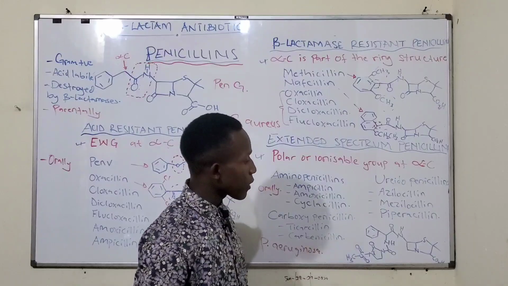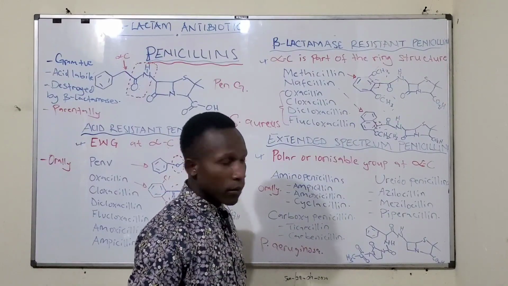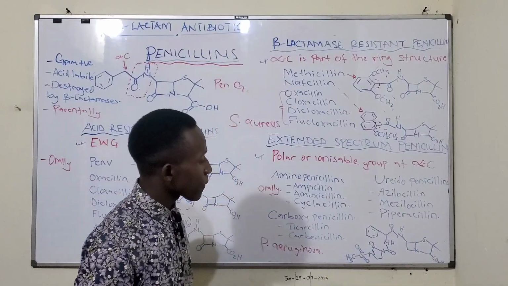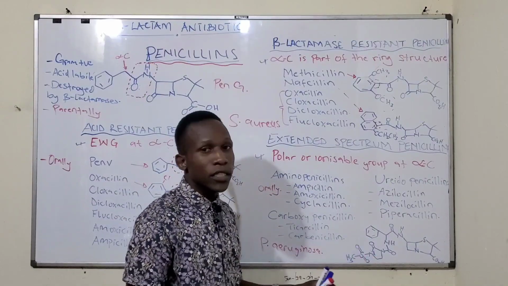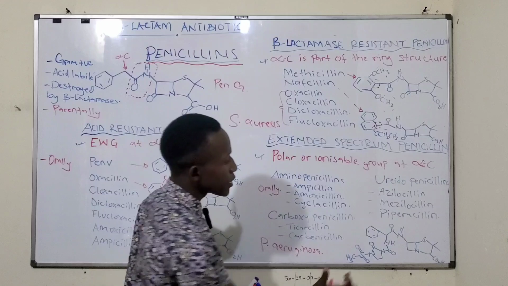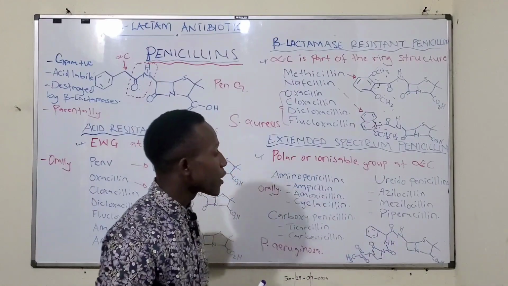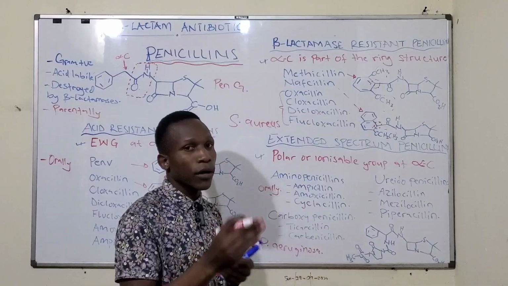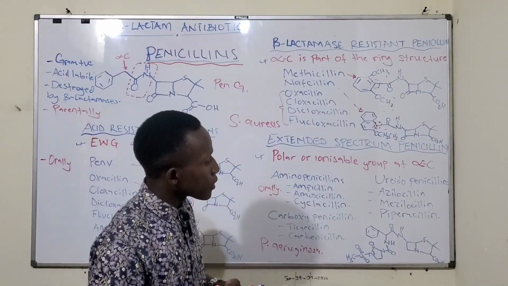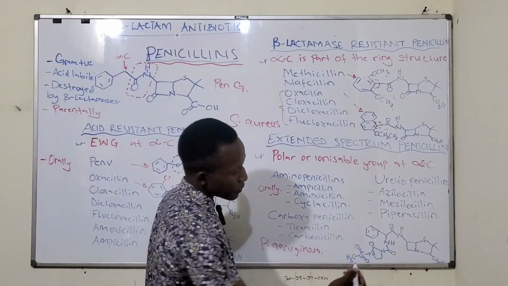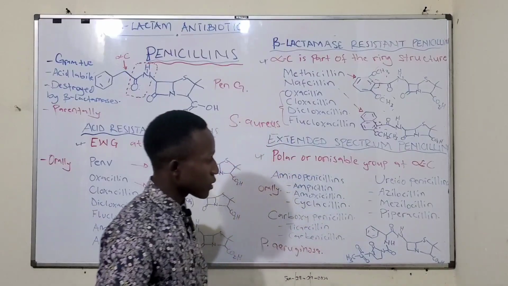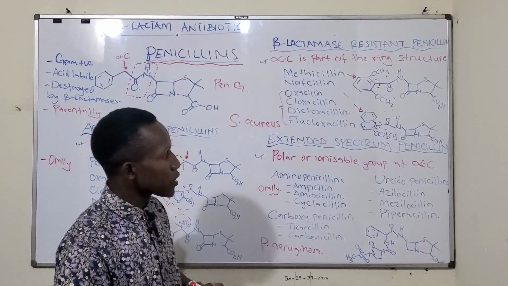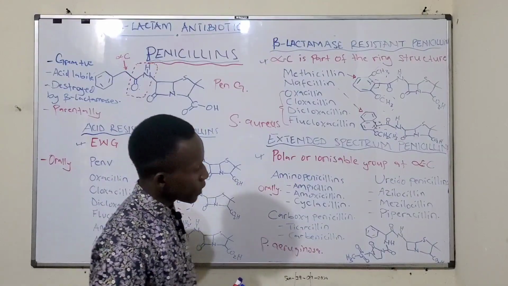It can penetrate the gram-negative membrane, and when it reaches the periplasmic space, it can interact with the receptors there, such that the moment it enters, it is very hard to pump it out, because we know some gram-negative bacteria can pump out the penicillins. That's one of the mechanisms of those resistant bacteria.